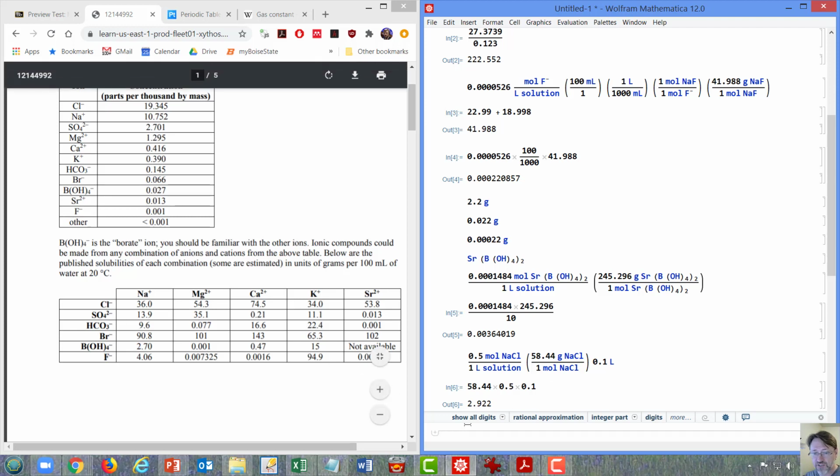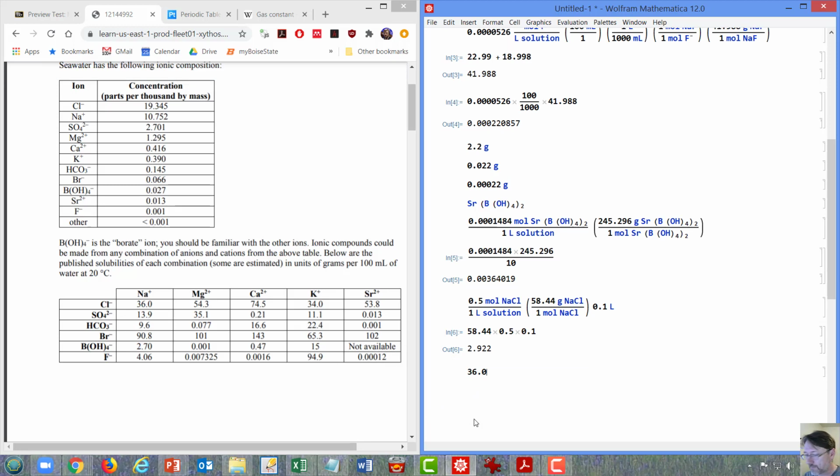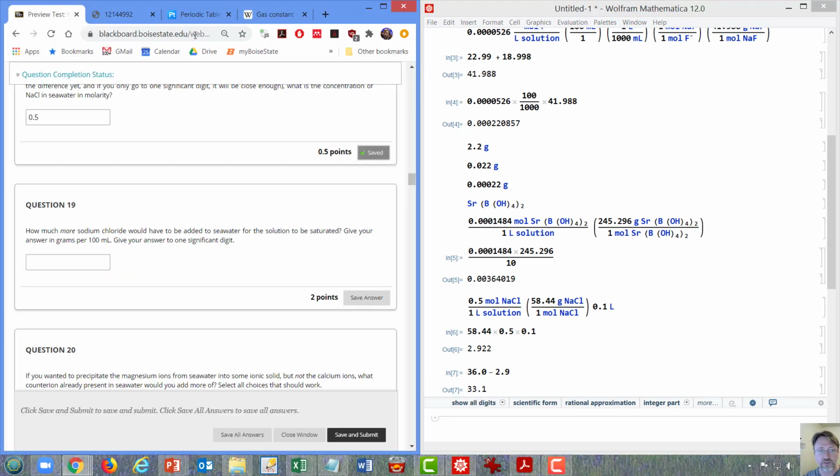Saturation is 36. So 36.0 minus 2.9 tells us that we would need to add an extra 33.1 grams to our 100 milliliters. The point of this question is that as salty as seawater tastes, we're a really long way from saturation.